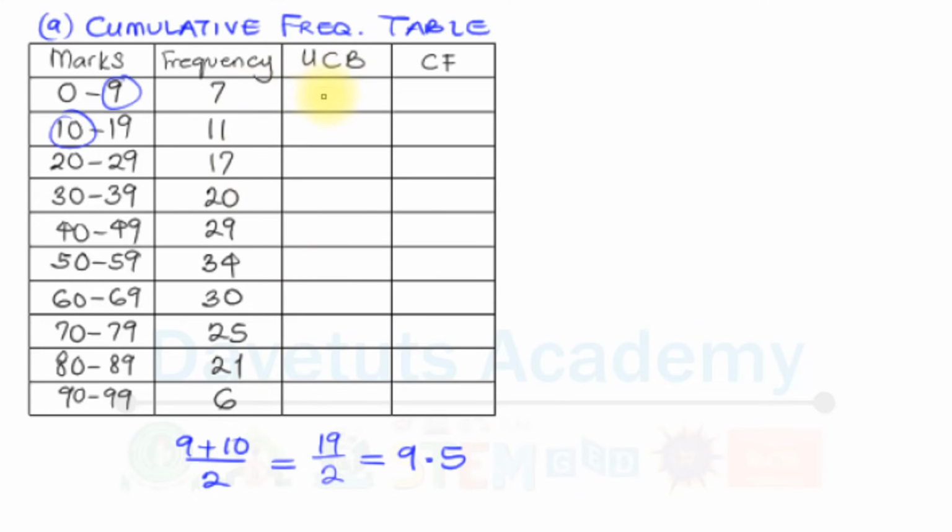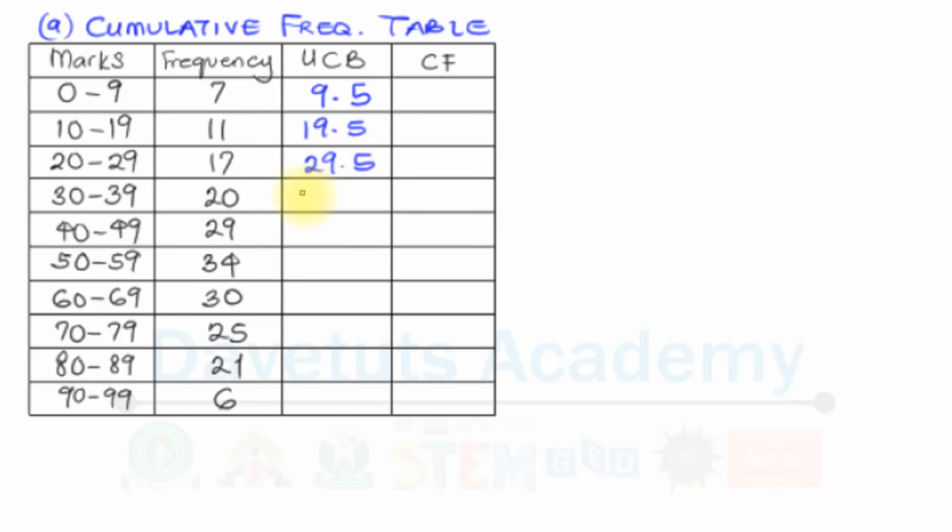The upper class boundary in this particular case is going to be 9.5. So we just put that in as 9.5, and the same incremental value will happen to these higher marks for each mark set. So in this case, we have 19.5 and then 29.5 and 39.5 and so on.